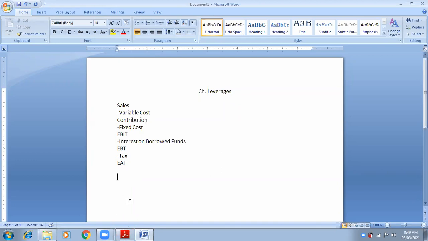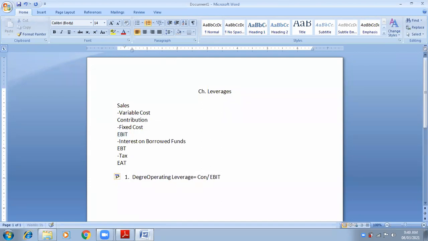So now there are three types of leverages. Number one is operating leverage. Operating leverage will be calculated with the formula of contribution upon EBIT. So what will be your contribution here, what will be your EBIT here. Both things are divided, you will get degree of operating leverage.